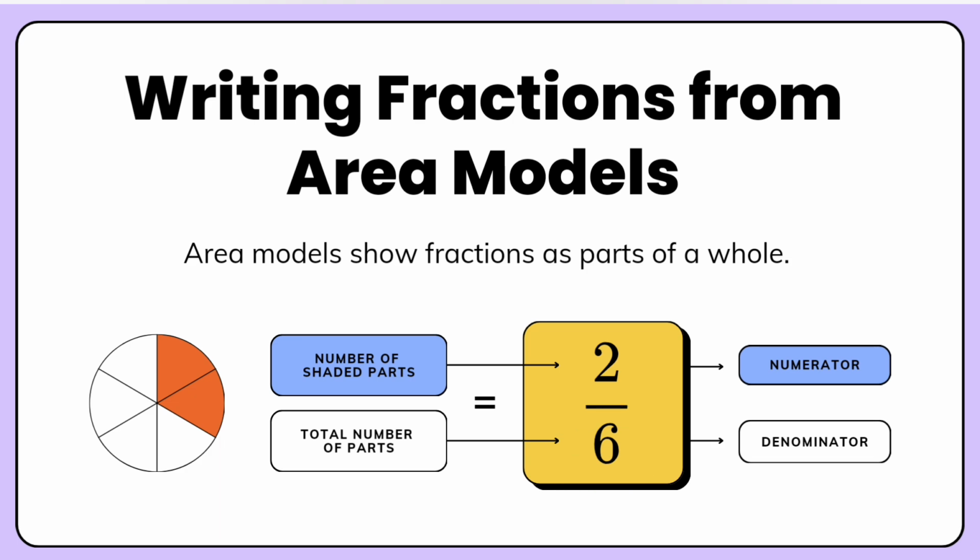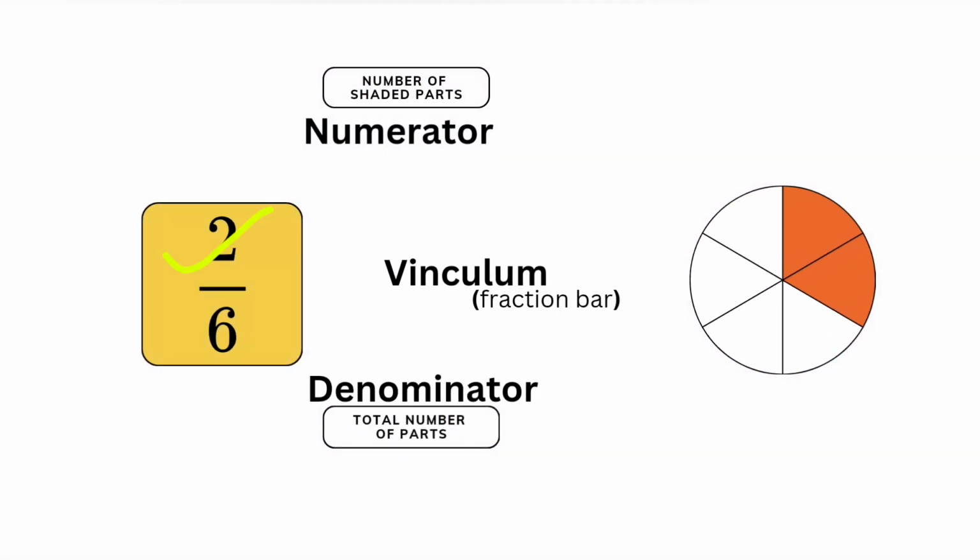At the numerator place, we write the shaded parts, which is 2. Then at the denominator place, we write the total number of parts this circle is divided into. So here the denominator is 6. And there is a fraction bar right in between this 2 and 6. This fraction bar is also called the vinculum in mathematics.